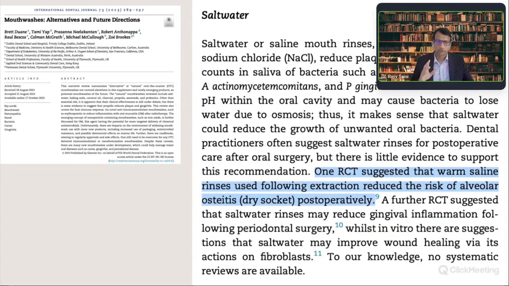Now, this is one of the interesting research papers that I highlighted. One randomized clinical trial suggests that a warm saline rinse used following extraction reduces the risk of dry socket post-operatively. Now imagine: a saline rinse is just sodium and chloride, two elements.